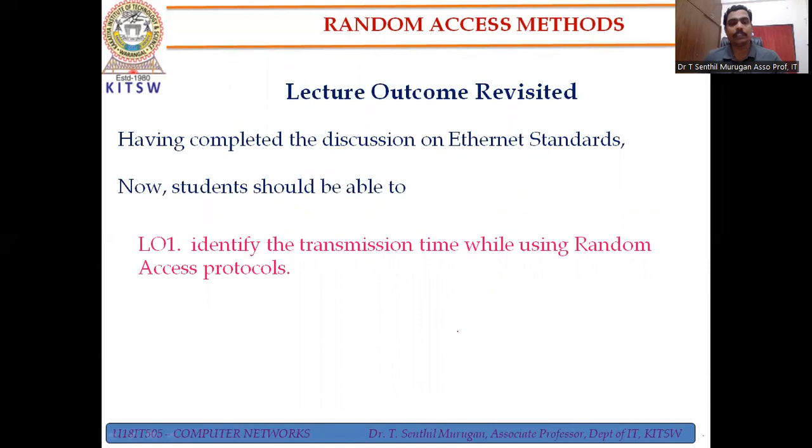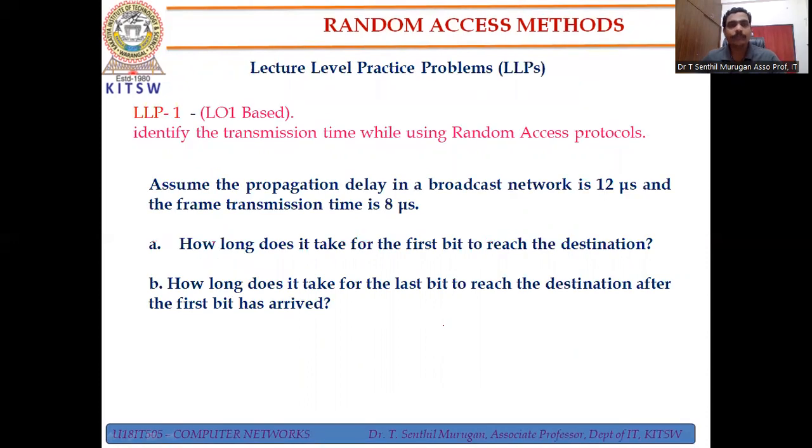So in this video lecture, having completed the discussion on Ethernet standards, you should now be able to identify the transmission time while using random access protocols. This is a small sum we will work through.